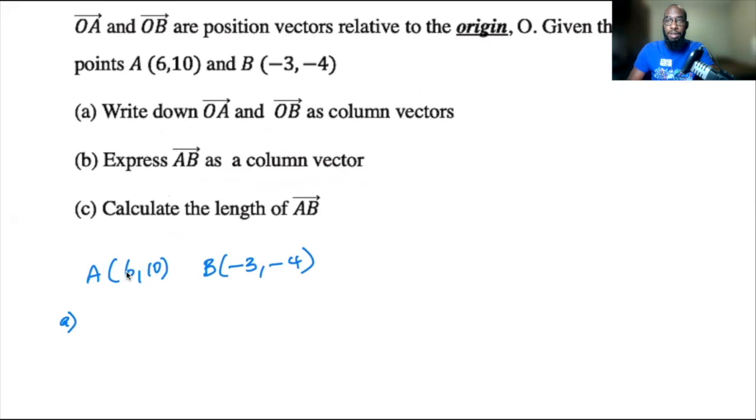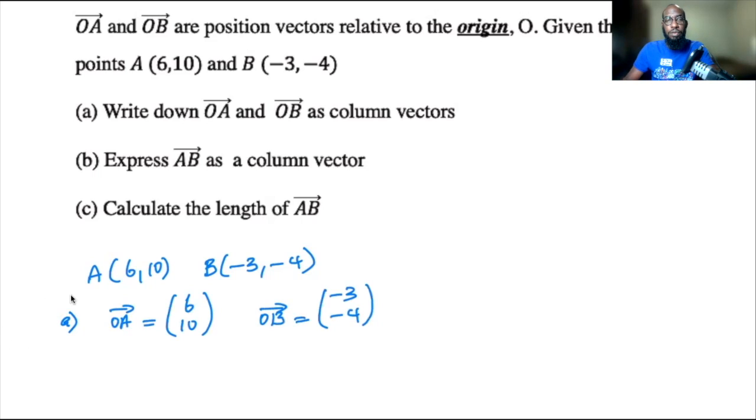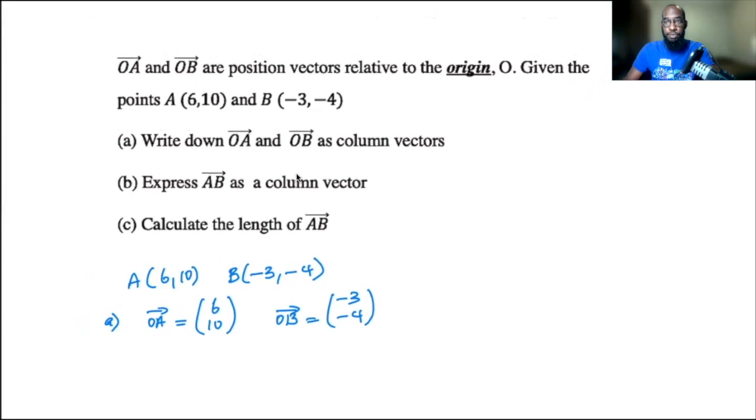We want it in a column vector, so it's a vertical format. So OA and OB: from the horizontal format, we put it as a vertical format. So that's part A right here.